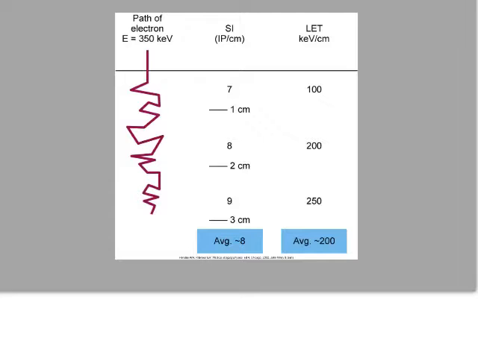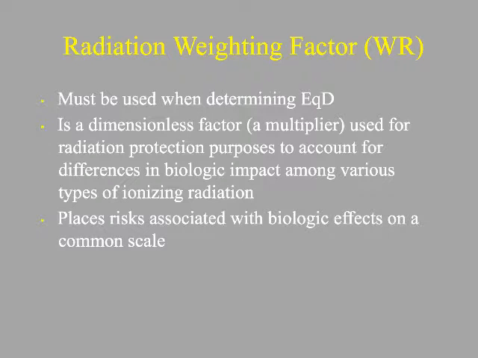And eventually it stops. And it's just helpful to see. What we're talking about too is every time it ionizes, it's probably scattering in a different direction as well. So it's fairly imperfect. But that is what we're considering when we talk about a radiation weighting factor.